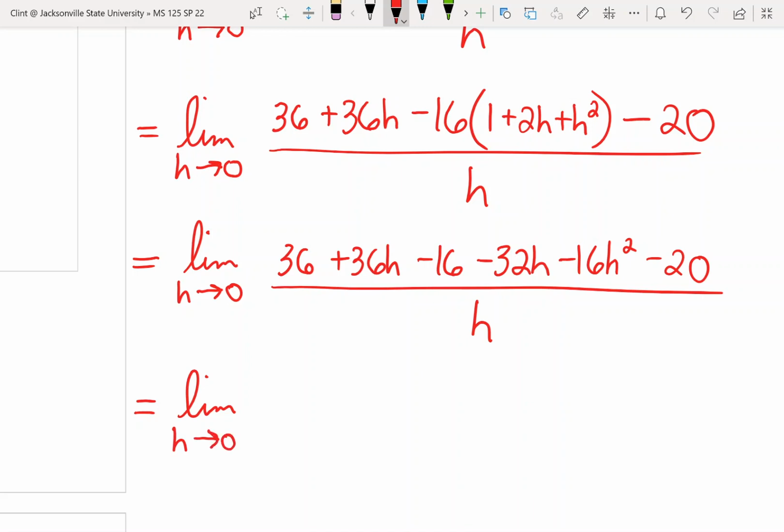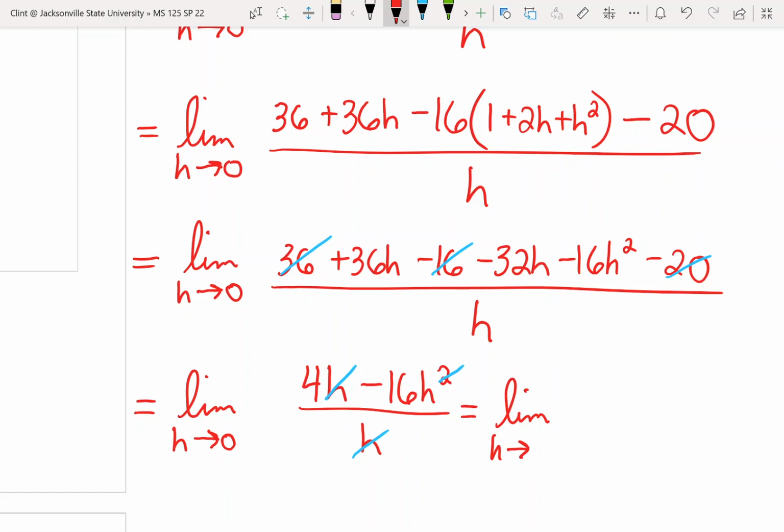So let's see, 36 minus 16 minus 20, those cancel out. And we have 36h minus 32h, so 4h, minus 16h squared, over h. One of our h's will cancel. That leaves us with the limit as h approaches 0 of 4 minus 16h.